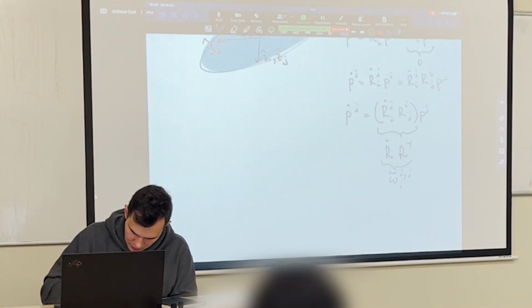About the notation, let's assume that you have angular velocity ACB.